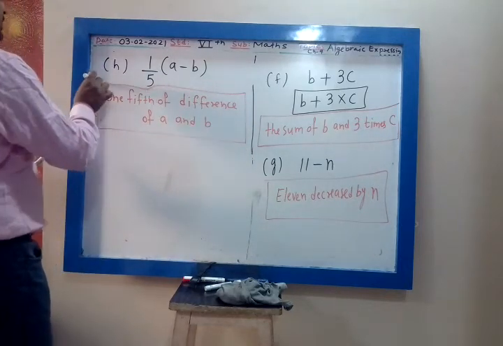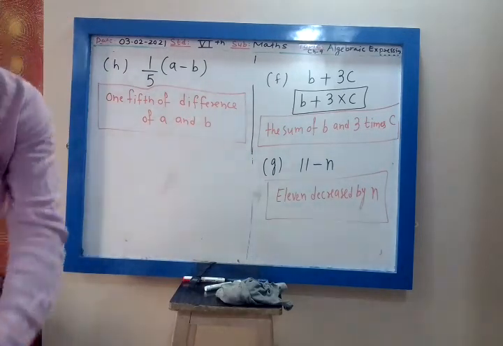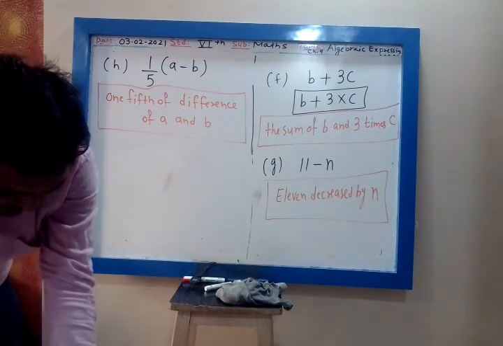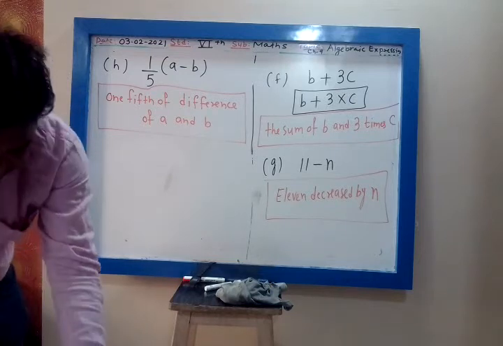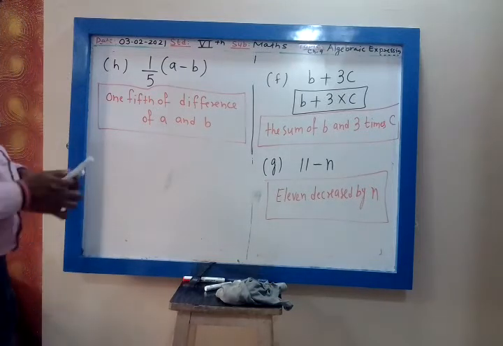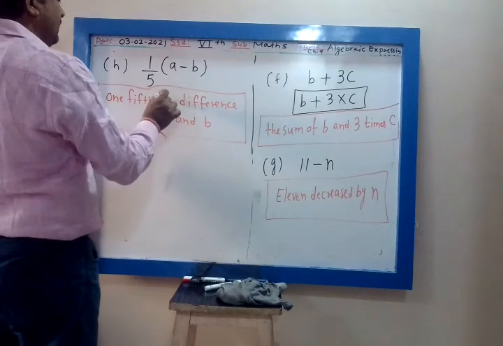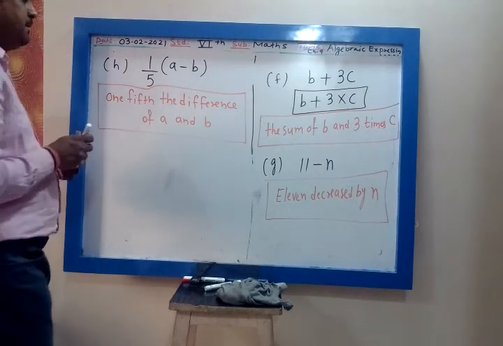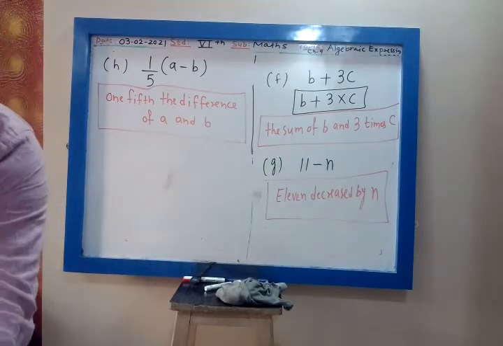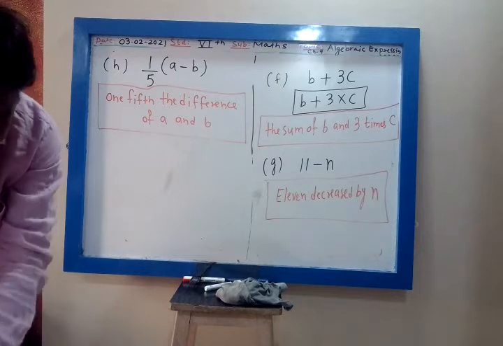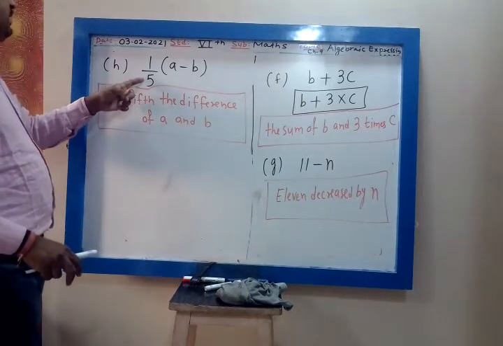A minus b means difference of a and b. 1/5 the difference of a and b. Is it clear? 1 upon 5 means 1/5.